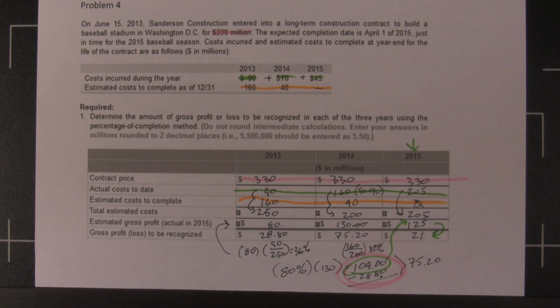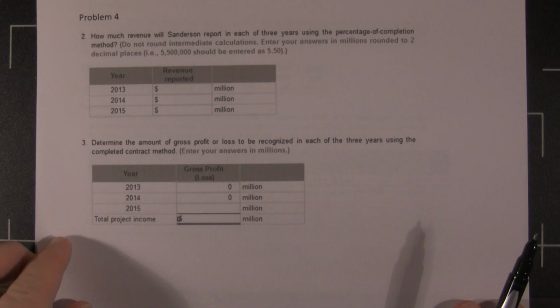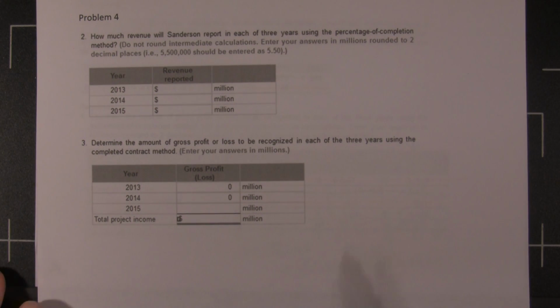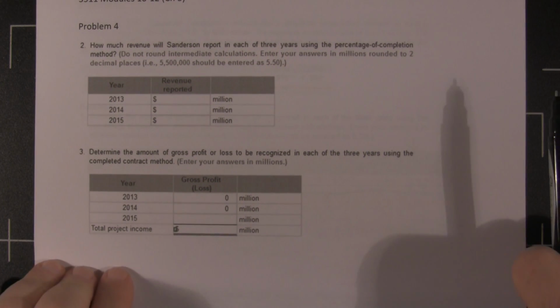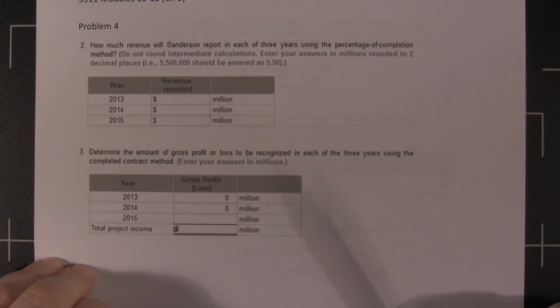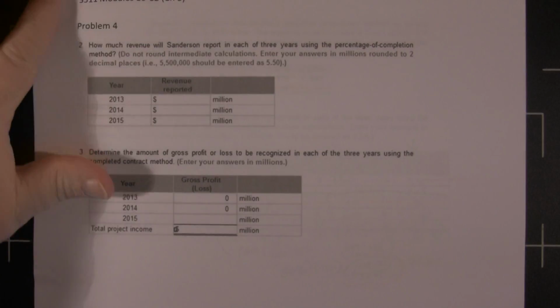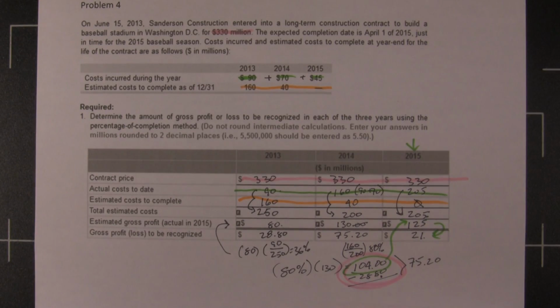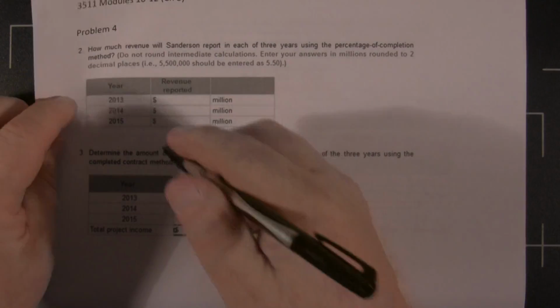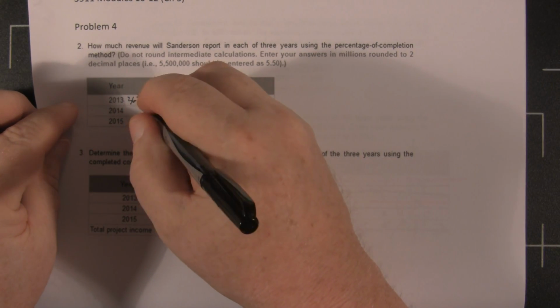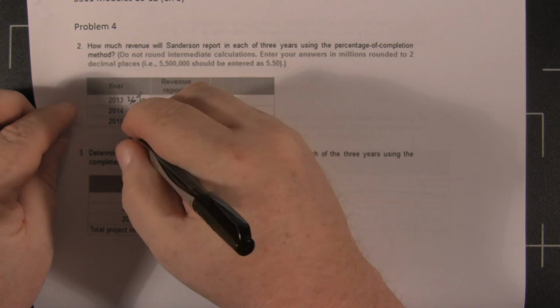Okay. Now, part 2 asks us, how much revenue will we report? And then how much gross profit will we report? And we're going to go back to those numbers that we talked about before. But the revenue, year 1, and let me refer back, year 1 we have 36% done. In year 2 we had 80% done.